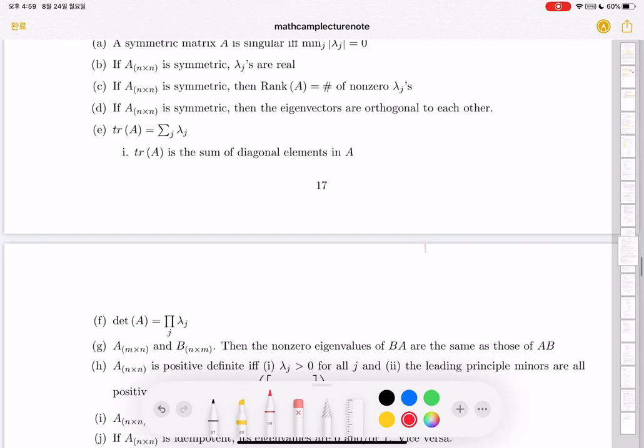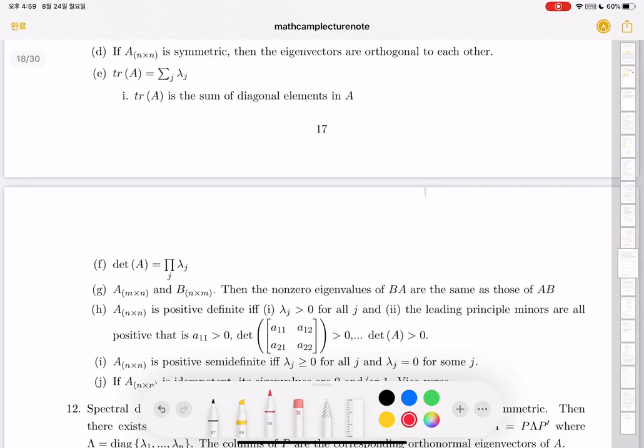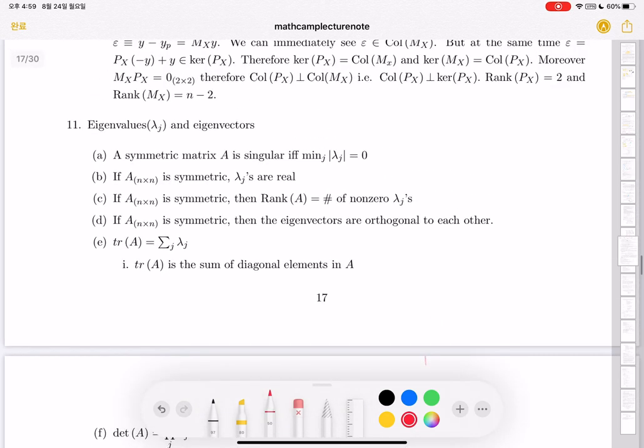An eigenvector of a square matrix is a scalar lambda and vector v that satisfies the following: a square matrix A times a vector v is lambda times vector v.